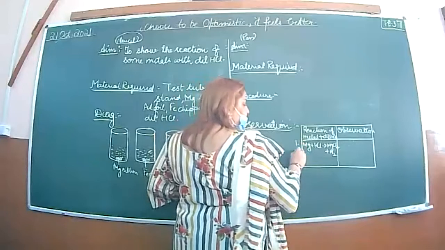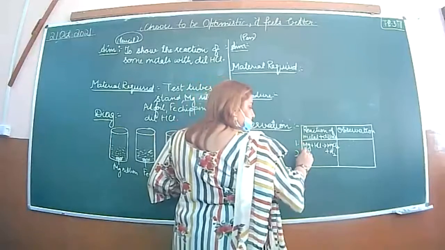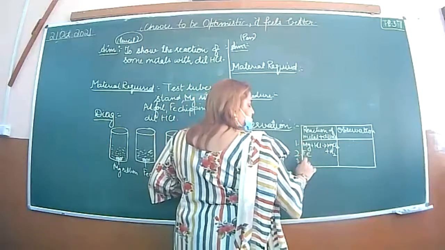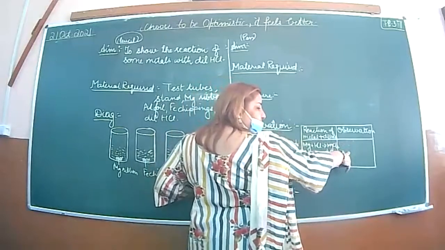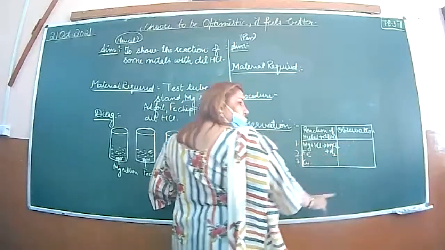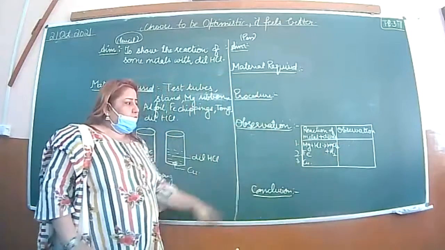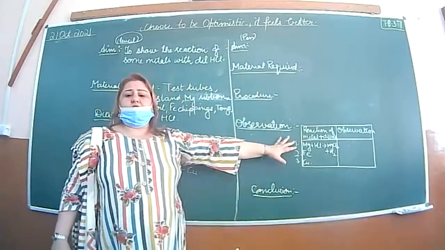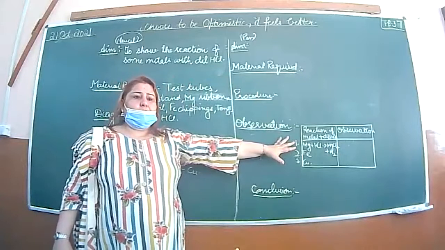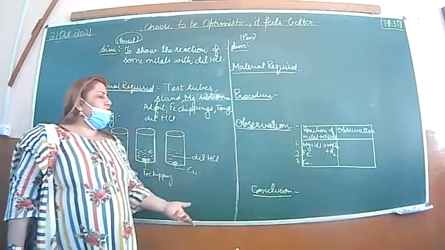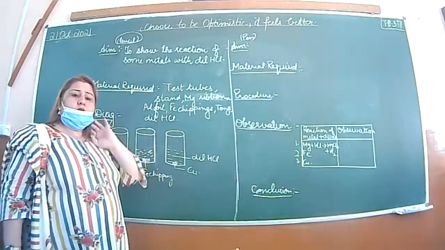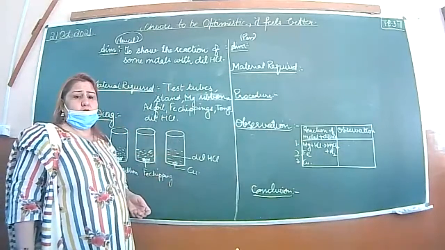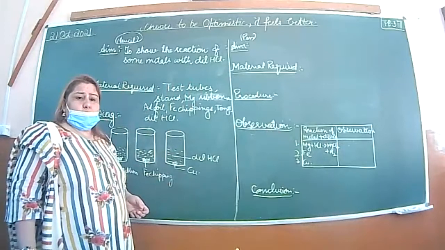And what we have to write down: the three reactions, first with the magnesium, second with the iron and the third with the copper. Evolution of gas, no reaction. You will make the table in the observation side. You can take the aluminium foil also, we did that too.